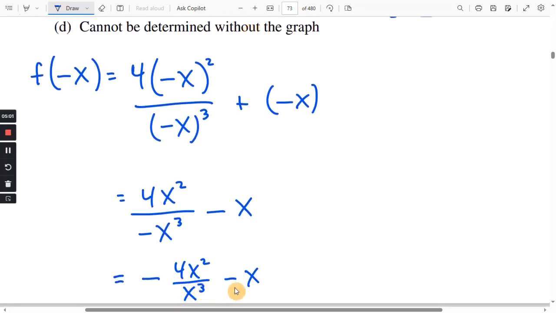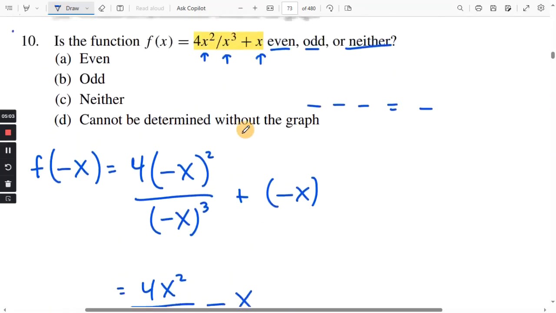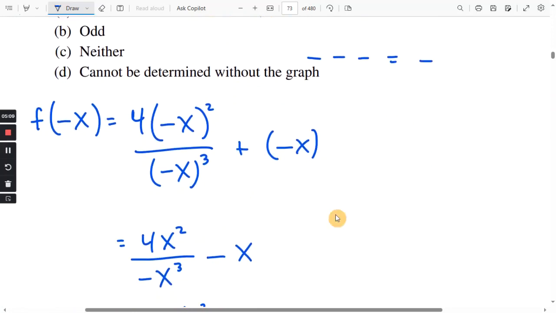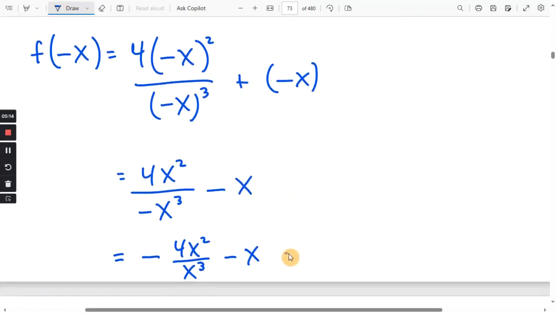Negative 4x squared over x to the third minus x. This is positive 4x squared over x to the third plus x. All right, so this does not equal the original. So that means so far that it's not even.